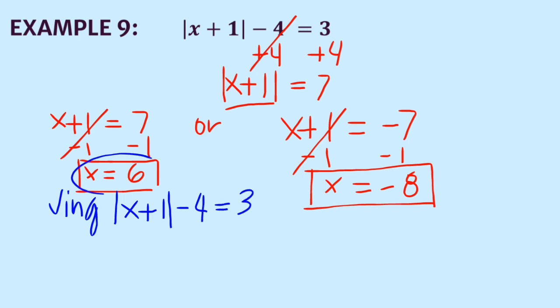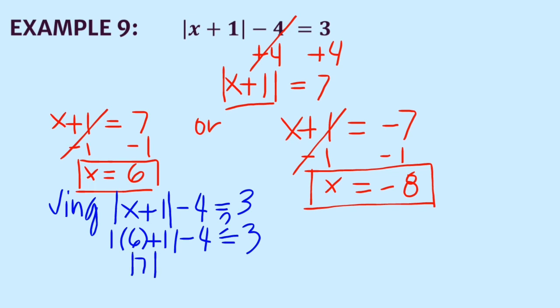Now first, let's substitute x equals 6. So the absolute value of 6 plus 1 minus 4 is 3. And 6 plus 1 is what? 7, minus 4 is equal to 3.